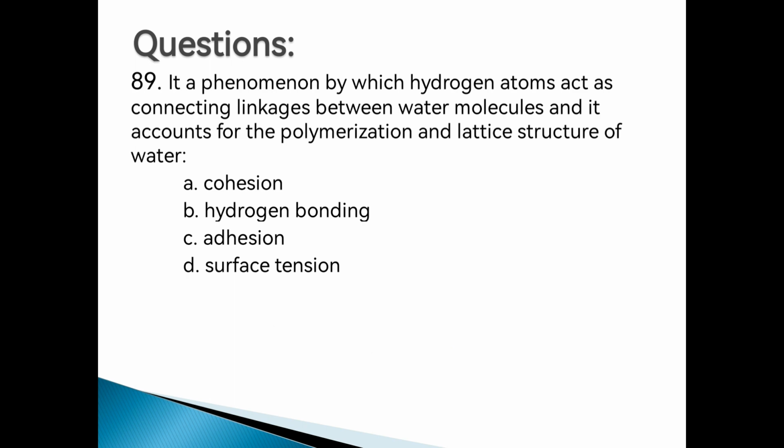Number 89. It is a phenomenon by which hydrogen atoms act as connecting linkages between water molecules, and it accounts for the polymerization and lattice structure of water. A. Cohesion, B. Hydrogen bonding, C. Adhesion, D. Surface tension. The correct answer is B.